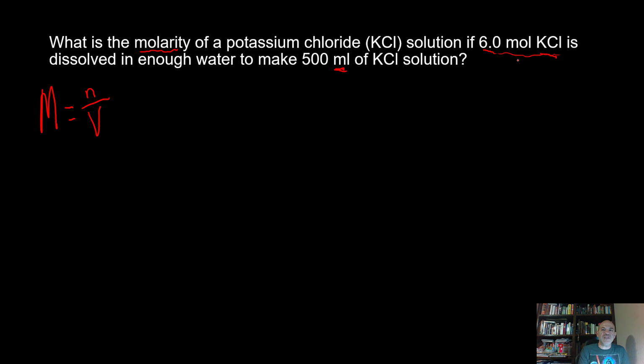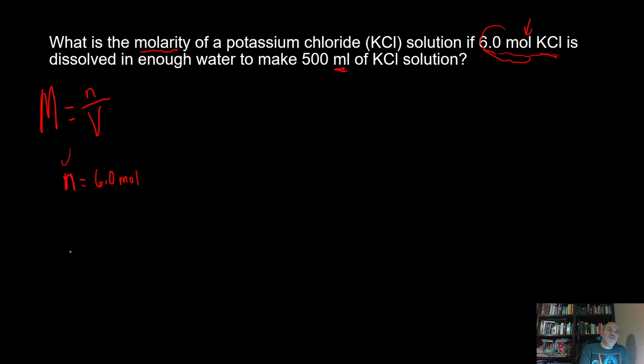Now let's take a look at what's given here. They give us this unit mol as moles, so that means they've given us n. I've found, guys, that it always helps to write down what's given and identify the variable. Mol stands for moles, which is symbolized as n.